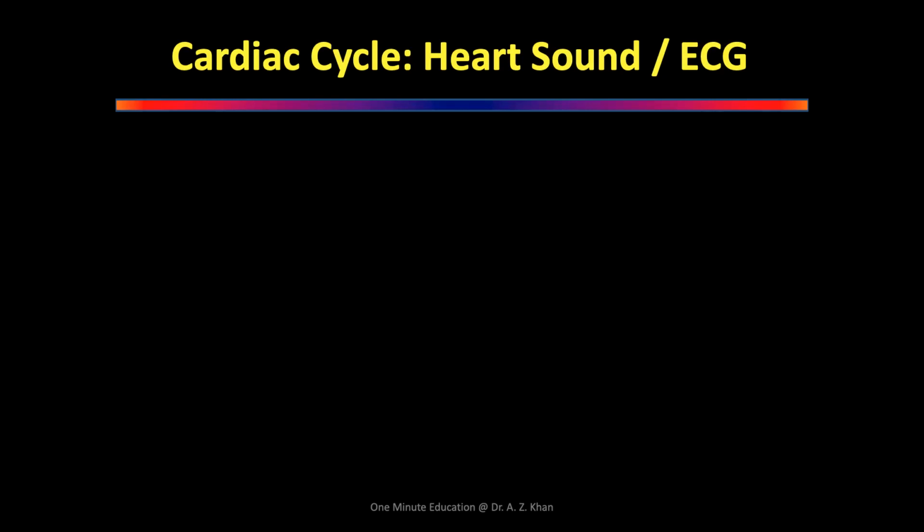I'm testing you on where you think the heart sounds and the QRS complex will lie with relation to a cardiac cycle. So again, draw 0 to 0.8. And on an axis of 0 to 0.8, I want you to draw where you think the P will lie, where the QRS will be, and where the T will be.